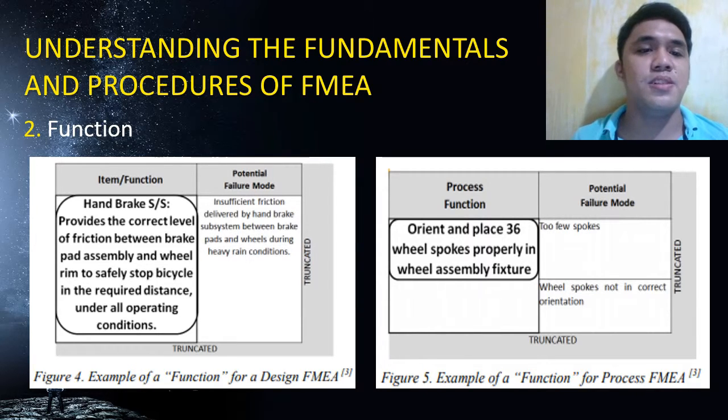It is essential to include the standard or performance as part of the function statement in order to help describe the failure mode. There can be many functions for each item or operation. So, Figure 4 is an example of function for a design FMEA. Figure 5 is an example of function for a process FMEA. Note that in the case of process FMEA, the function can be similar to the item, as described in the operation description for the manufacturing or assembly process.